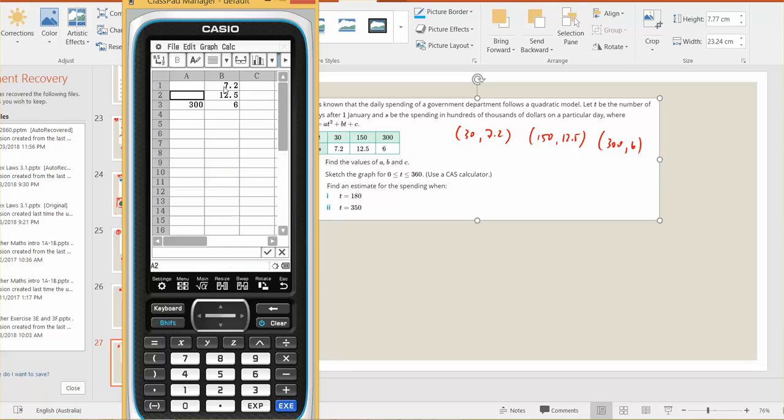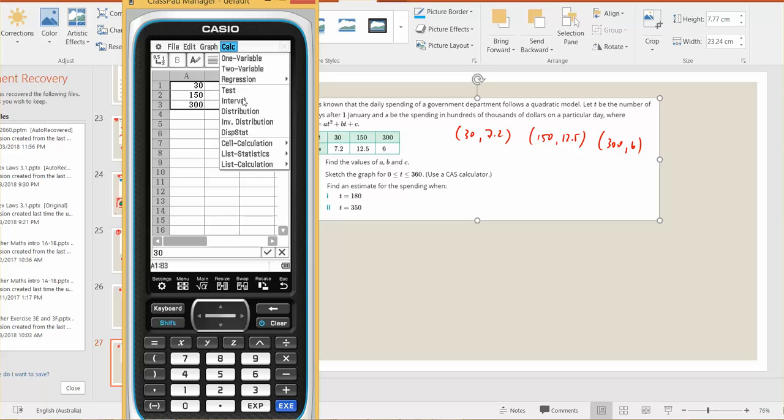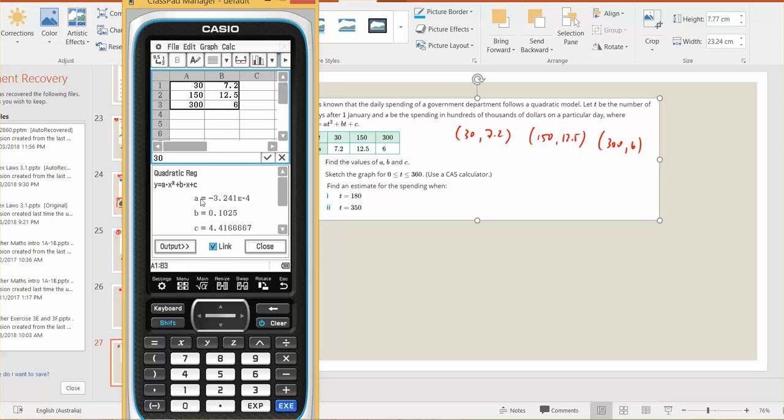So you enter Y, 7.2, 150, 12.5, then 300. You must highlight everything, then go Calc, Regression. Unfortunately, I don't know what these exact decimals are, so I'll have to resort to the substitute and solve method.